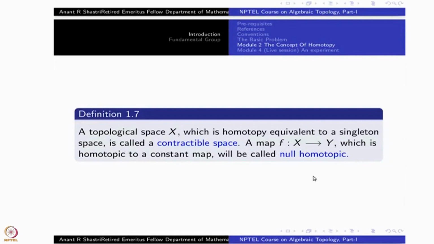Whichever way you compose, post-compose or pre-compose, once one of them is a constant map, the composition is a constant map. So that kind of trivial properties have to be first understood carefully. There are some easy ways of identifying what is a contractible space. Let us go through that one, okay?